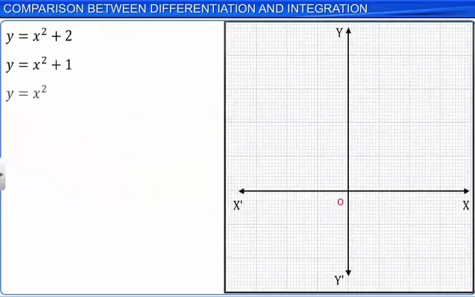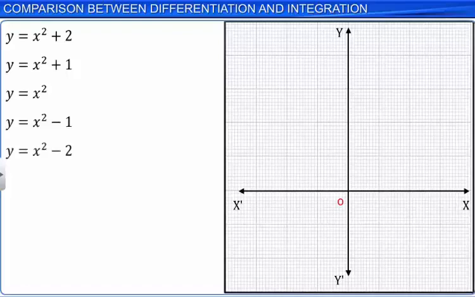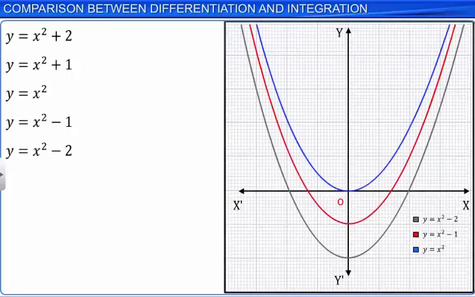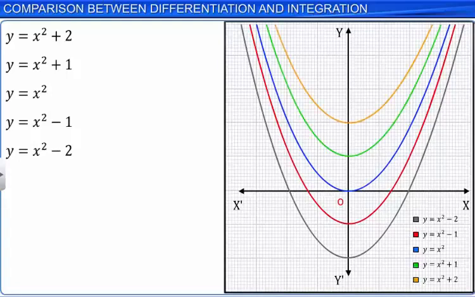Now, on drawing the curves for these functions, we can observe that they are parallel to each other. Also, the tangents drawn at the points of intersection of the curves of the family with lines orthogonal to the axis are parallel, and they represent the variable of integration.